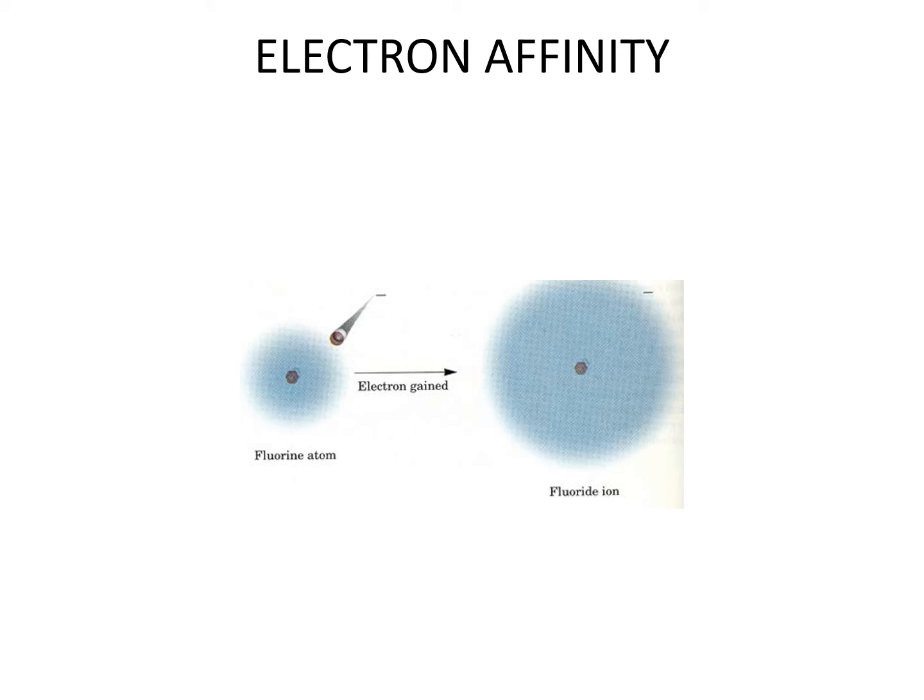So this is the diagram representing electron affinity. In this, the fluorine atom is taken as an example, and an electron is gained by the fluorine atom and it becomes a fluoride ion, that is an anion. And this tendency of an atom to attract an electron towards itself is called electron affinity.